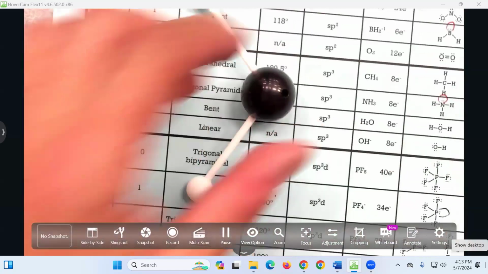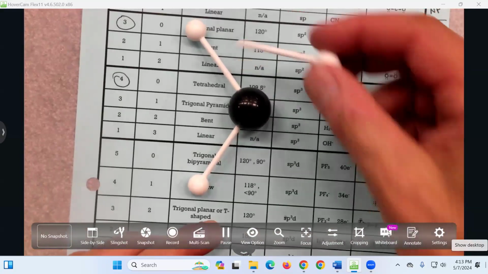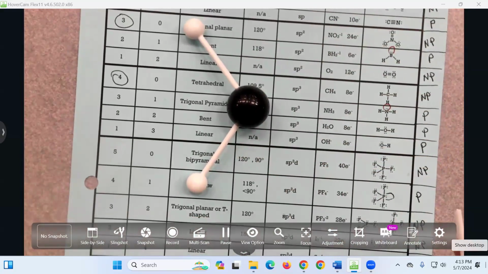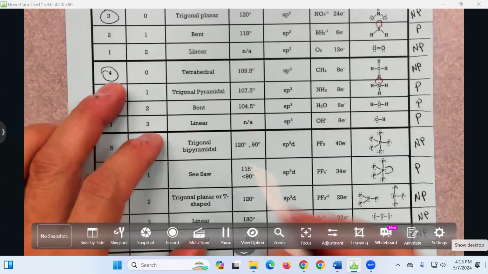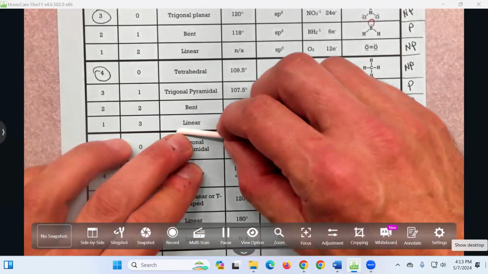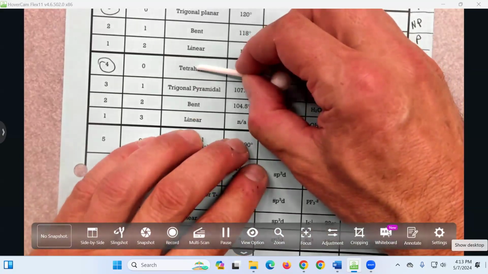This is water, right? What's my bonding domains for water? 2. How many non-bonding domains are there? 2. What's my electron pair geometry? Still tetrahedral, right? My electron pair geometry for everything here up is tetrahedral, correct?